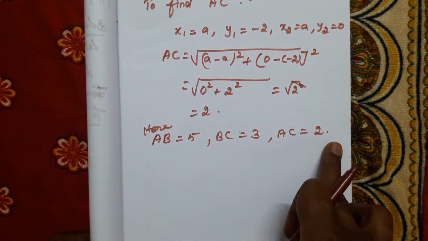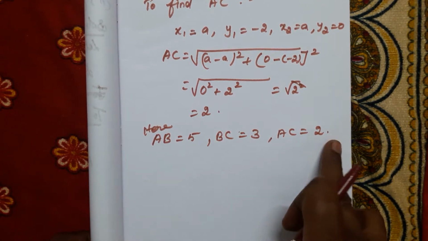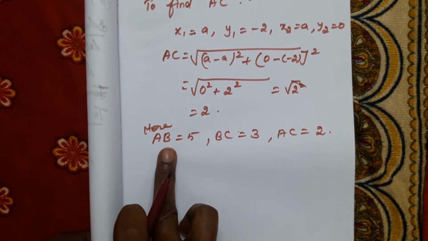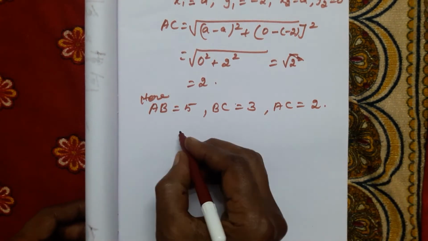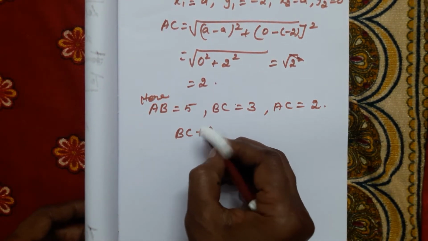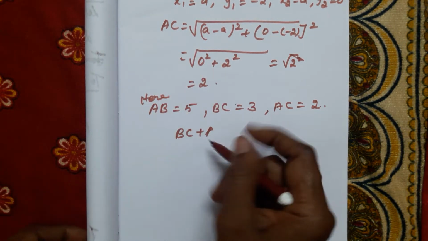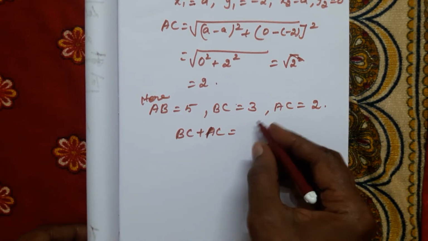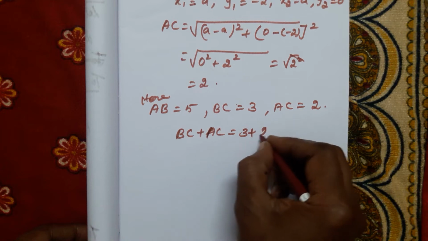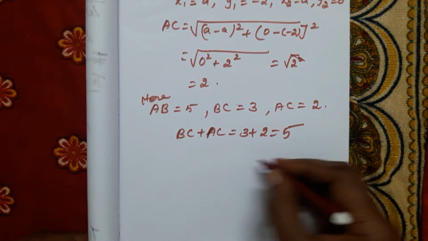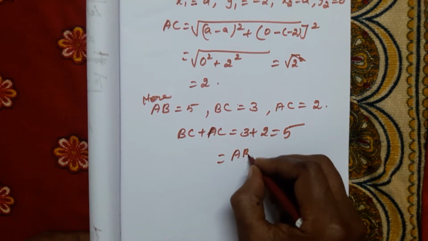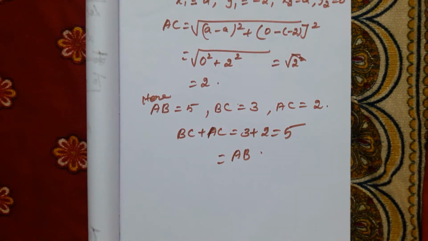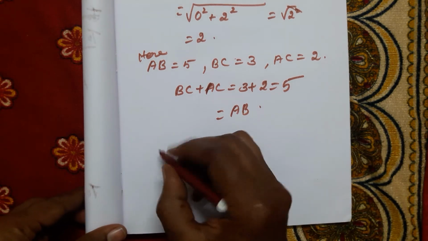Adding these two sides, 3 plus 2 is equal to 5. So BC plus AC is equal to 3 plus 2 is equal to 5. It is equal to AB. Therefore, the given points are collinear.